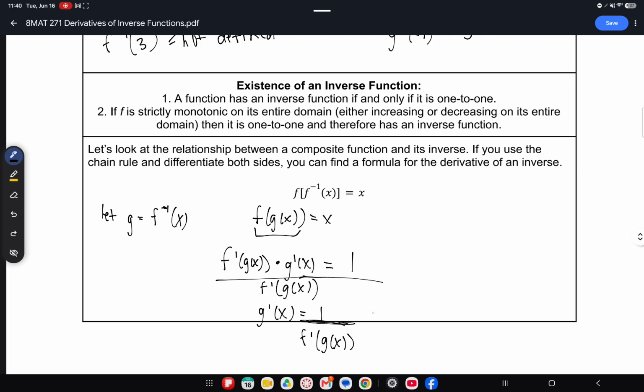I'm going to do a substitution and say 1 over f prime, and instead of g of x, I'm going to put back that inverse notation, right? And there we have a generic formula for the derivative of an inverse.